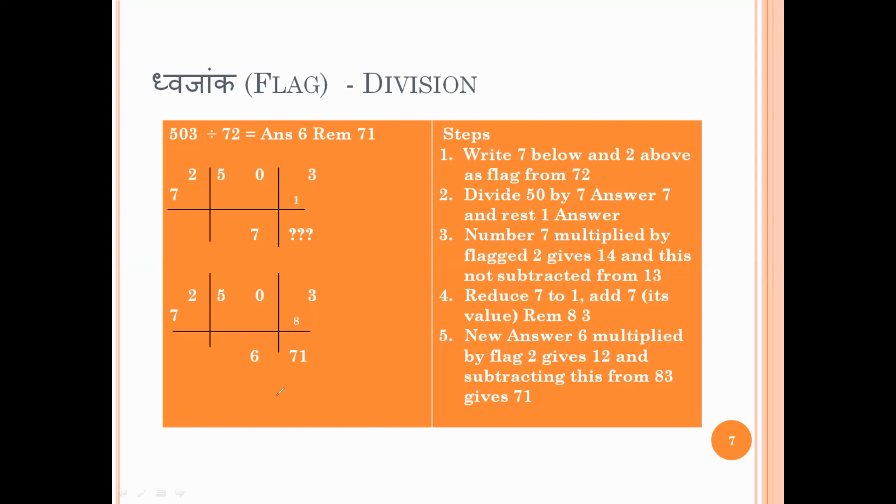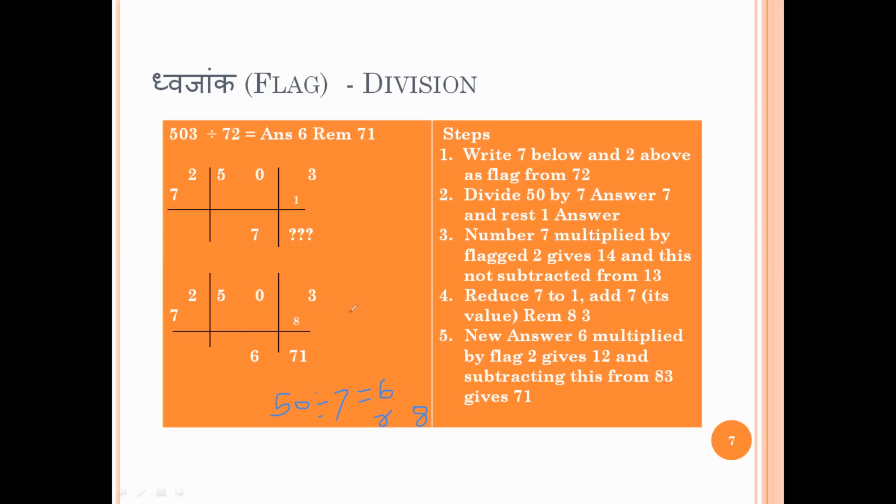Or suppose I write 50 divided by 6, obviously I get a remainder 8. So the remainder is 8, and I write the 8 here.